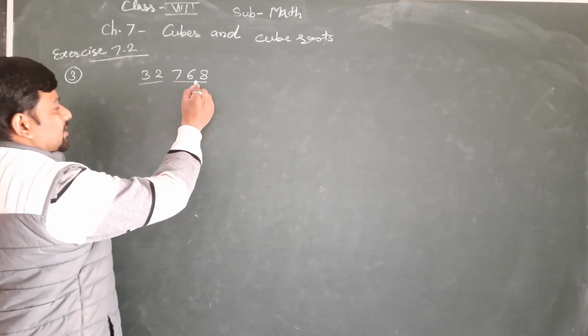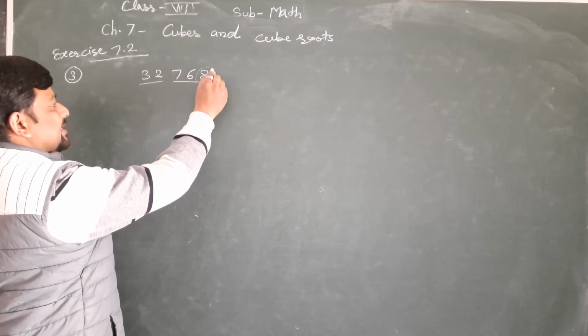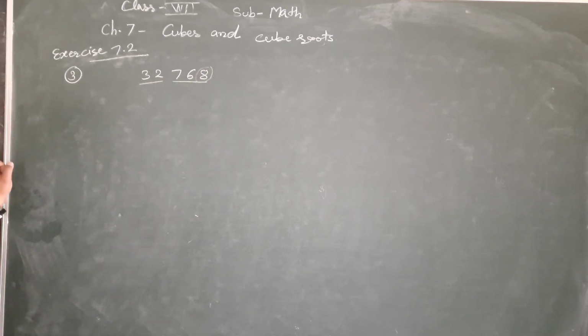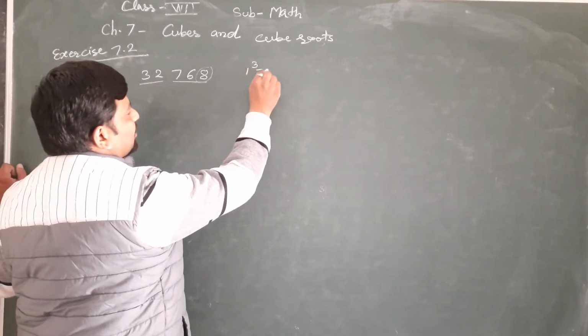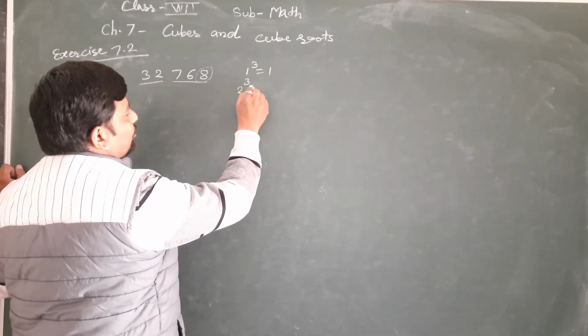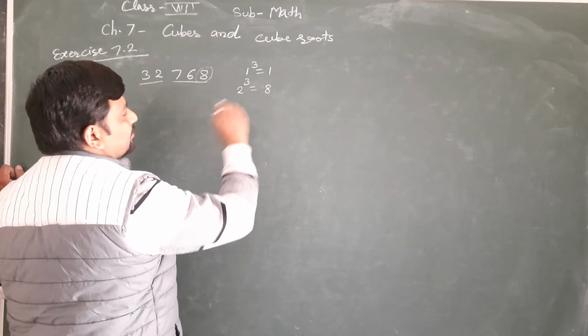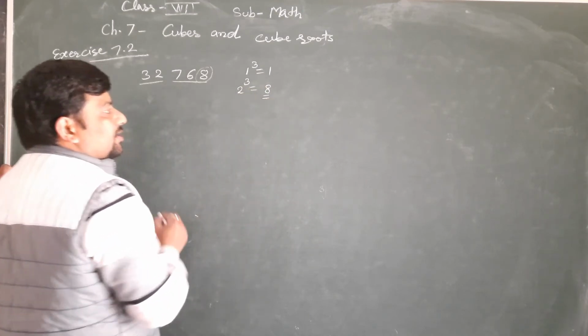In these 3 digits, the unit place is 8. Find in which cubic number we have 8 as the unit place. If we go for 1 cube is 1, 2 cube is 8, we will find the 8 in 2.